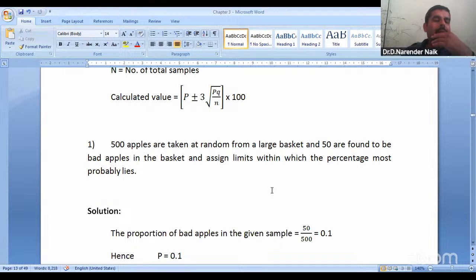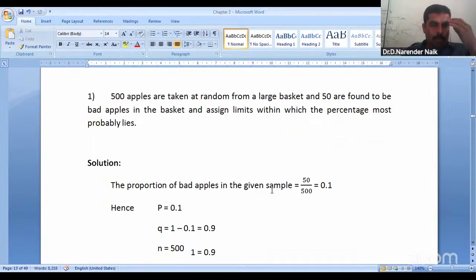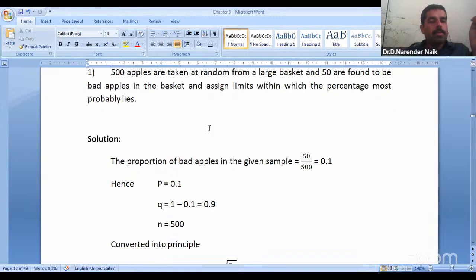See, 500 apples are taken at random from a large basket and 50 are found to be bad apples in the basket. Assign limits within which the percentage most probably lies. Proportion of bad apples in the given sample is equal to 50 by 500, which is equal to 0.1.